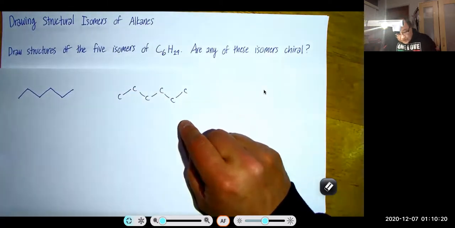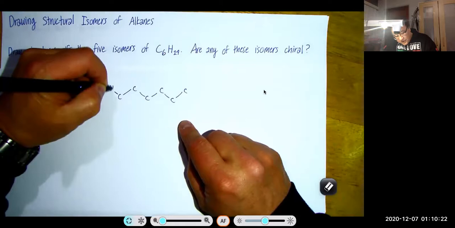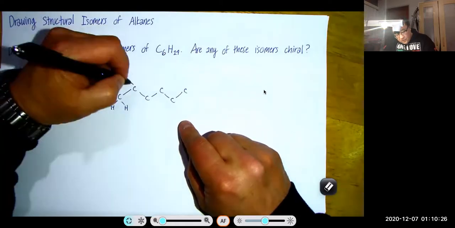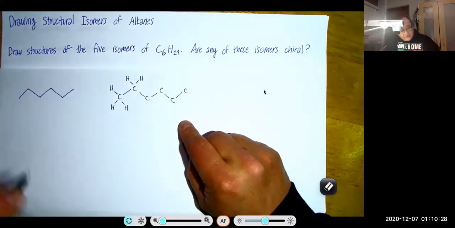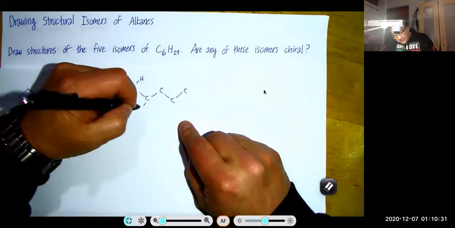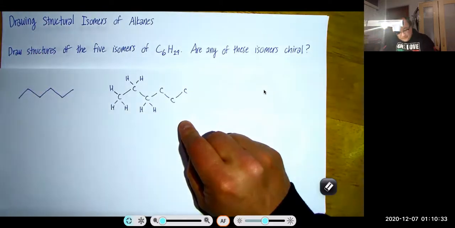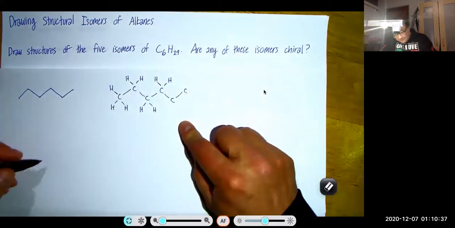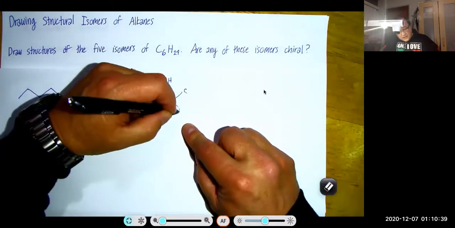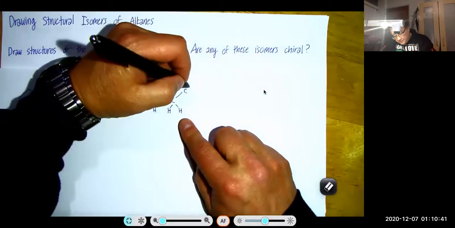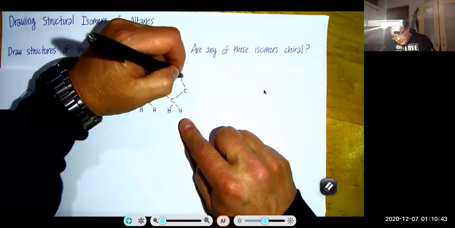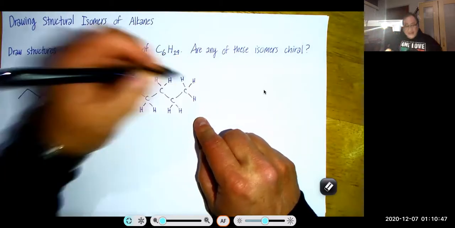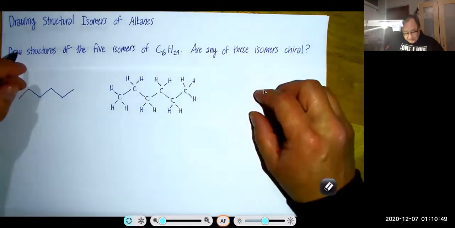And if I add hydrogens, 1, 2, 3, 4, 5, 6, 7, 8, 9, 10, 11, 12, 13, and 14, I'm going to get the correct number of hydrogens.